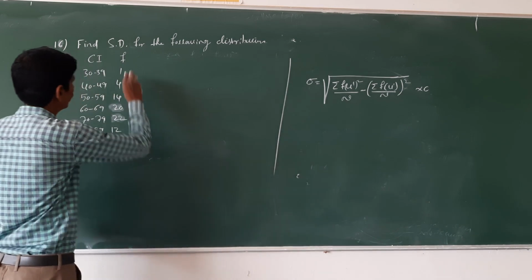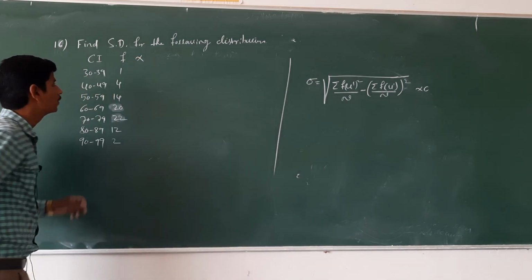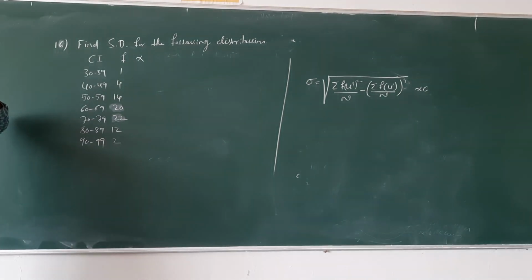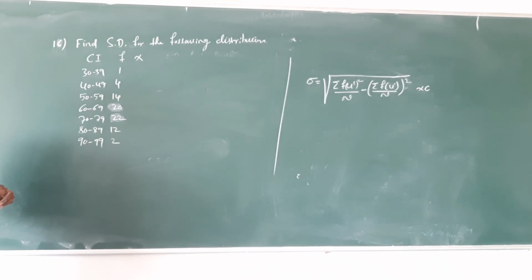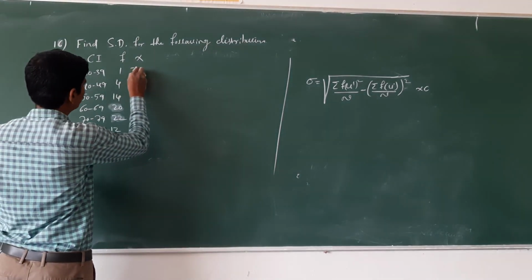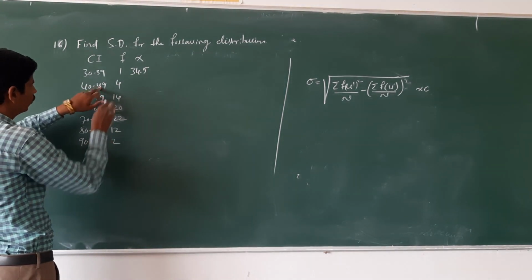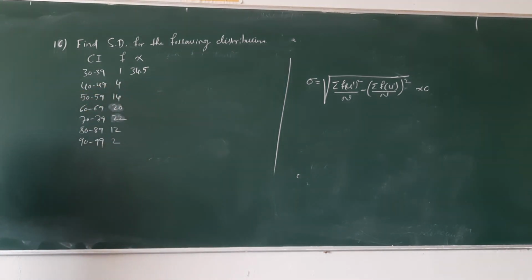Here we want x values. Here x is the class mid value. 30 to 39 is 30 plus 39, 69. 69 divided by 2 is 34.5. Next 40 to 49 is 89. 89 divided by 2 is 44.5.